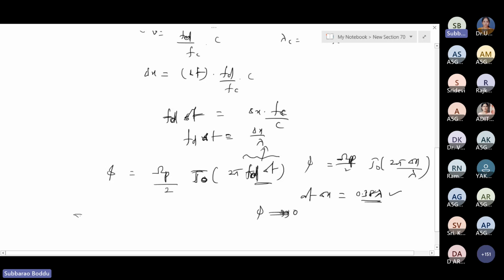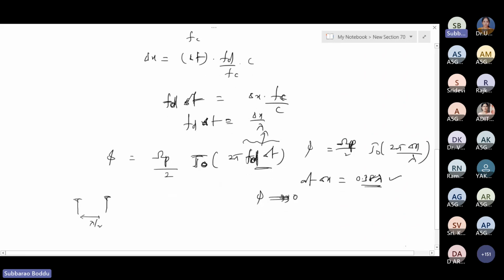The message here is that when the two antennas are separated by lambda by 2, the signals received by these two antennas are uncorrelated. If you bring them closer and closer, then they are correlated with each other, where there is an equal probability of arrival from all the directions. So this is very, very fundamental.